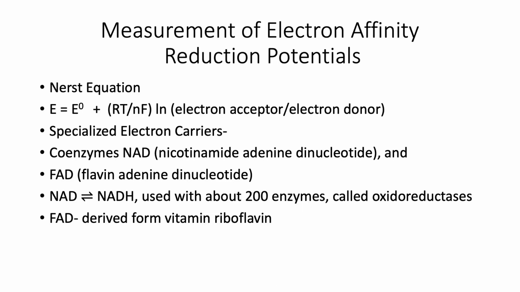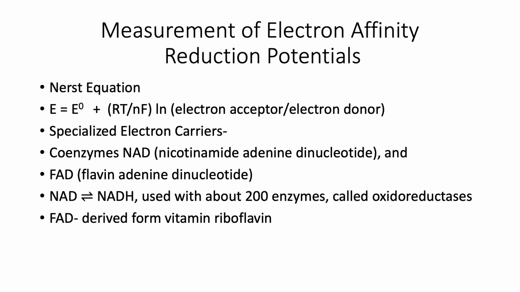So electron affinity and reduction potential, there's a Nernst equation, so there is an electrical equation that can be employed to it. This has the electric potential equivalent to baseline plus RT over NF, where N is the number of electrons transferred, F is Faraday constant. There are specialized electron carriers such as nicotinamide adenine dinucleotide, NAD. FAD is flavin adenine dinucleotide.